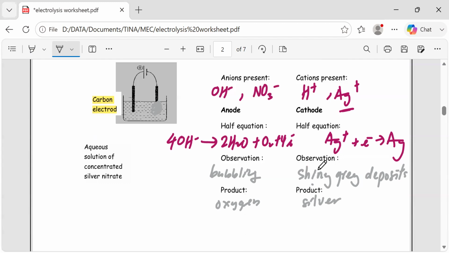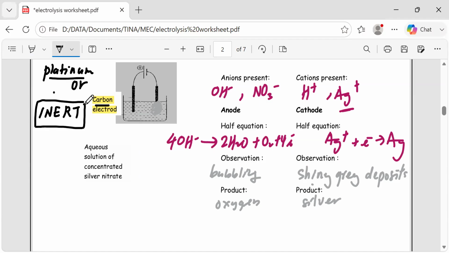Now, all of the ones that we did so far, all the electrodes are made from what? Carbon, right? Whether we use carbon, which is also known as graphite, or platinum, the results will be the same. Platinum or carbon are known as inert electrodes.